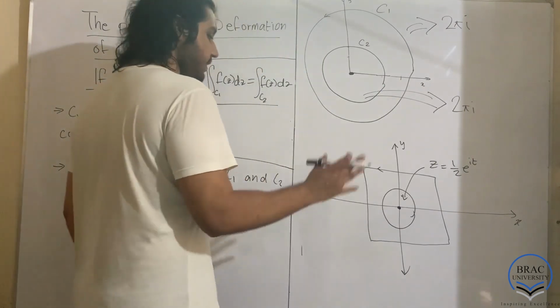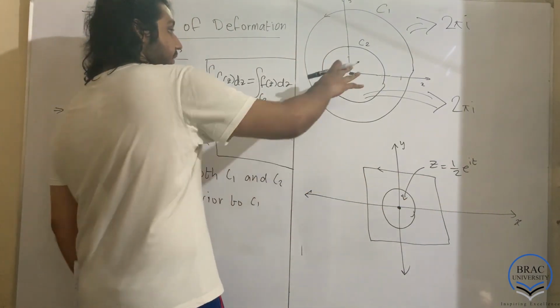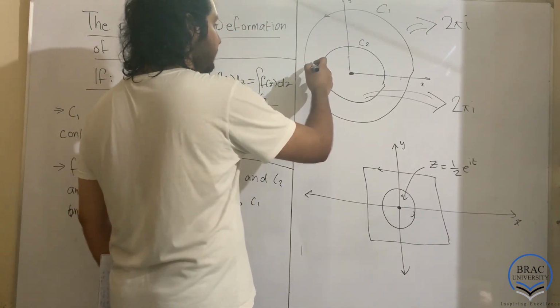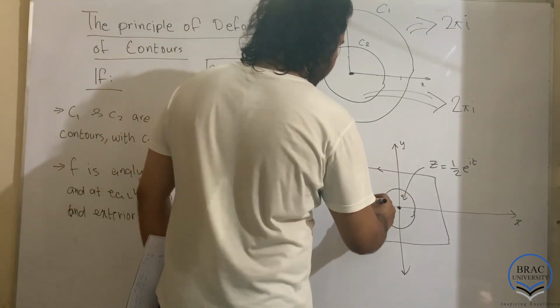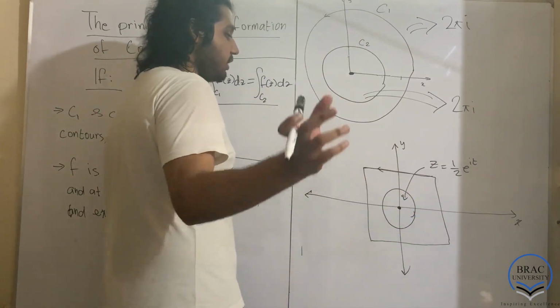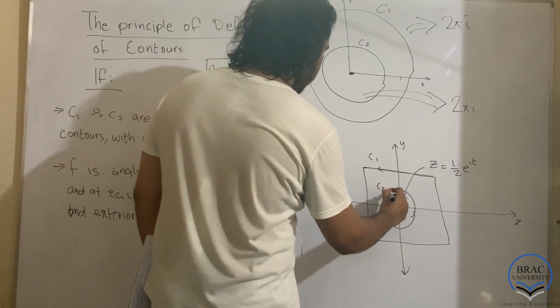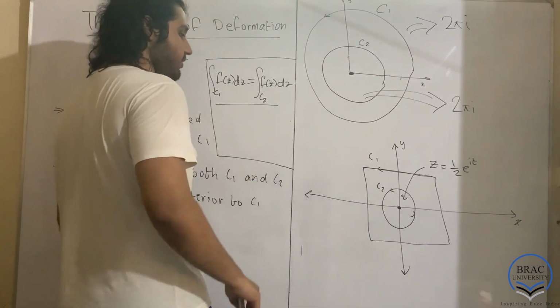I'm saying it's half because the structures are relatively similar, as in the radius is 2, so the diameter is 4, and in similar fashion, the lengths of these sides are 4. So if you take a smaller contour circle, this is C1, and we have C2, also positively oriented, as in the anti-clockwise direction.